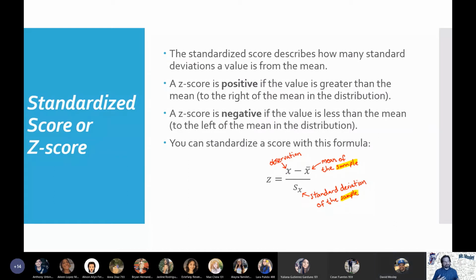Typically, like I said, unless you're told that you have the values for an entire population, you will use this notation implying that it's for a sample. Okay.